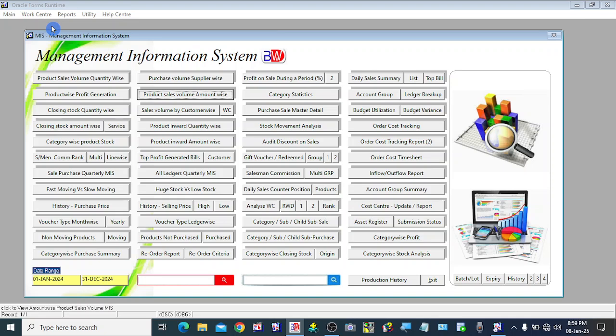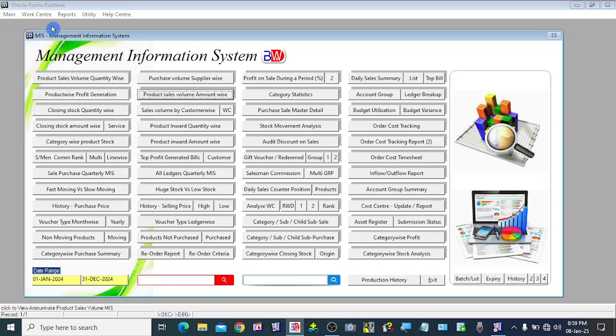Another useful management information relates to the product. During a specific date range, I want to know by selling which product I have generated more profit. Product wise profit generation report. This is also very important for the management to understand during a specific date range.